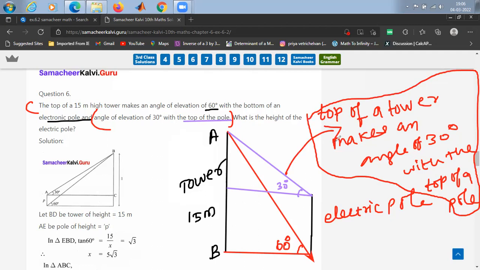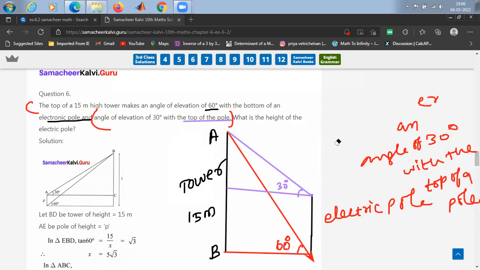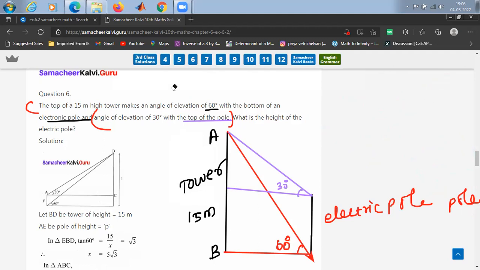Do you understand this? The diagram is a bit tricky. If you're able to solve the diagram, then it's going to be very easy. So it's AB. Let's mark this as CD. CD is an electric pole. Let's mark this midpoint as E. The point which connects the tower and the electric pole height is E. Okay. So now we are done with the diagram.